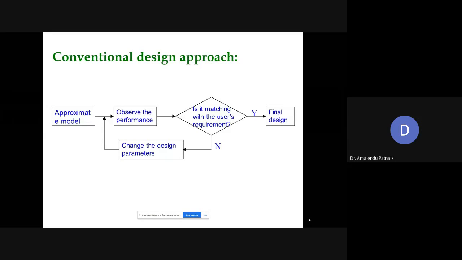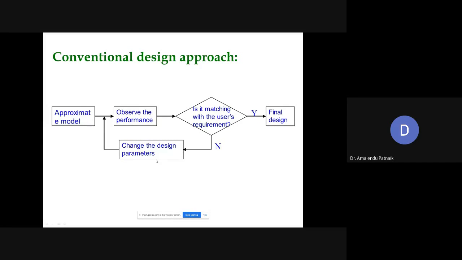Then we are observing its performance, the antenna performance. If the performance of that approximate model matches our requirement, we take that as our final design. Or if it is not matching, then we are changing the parameters.